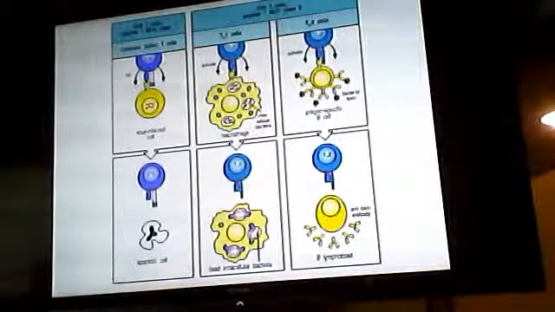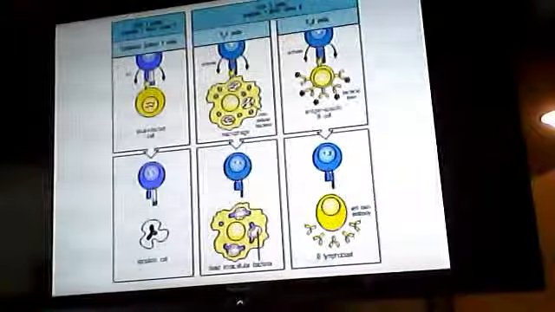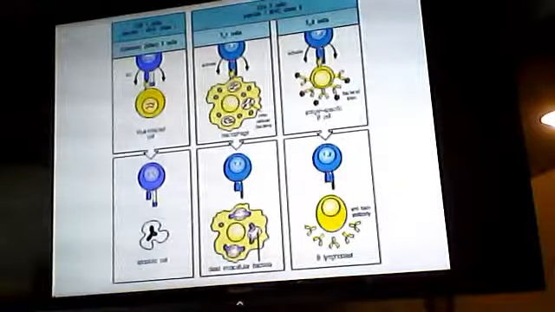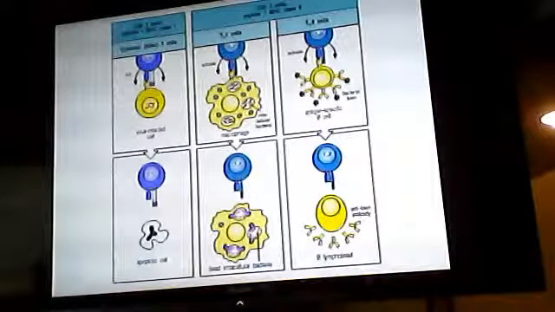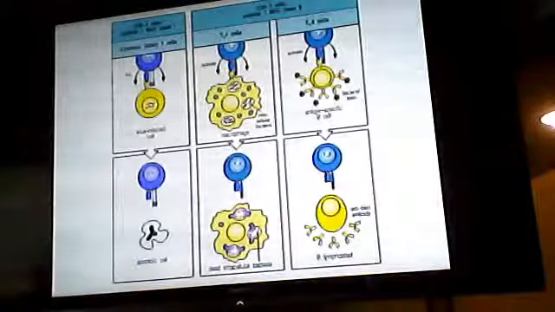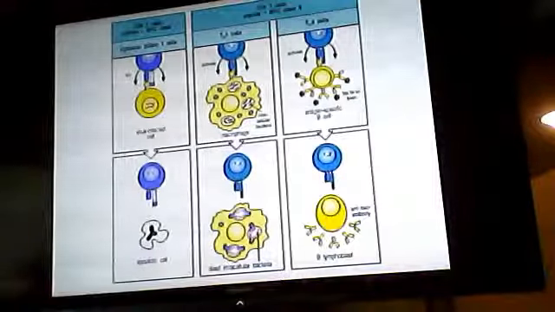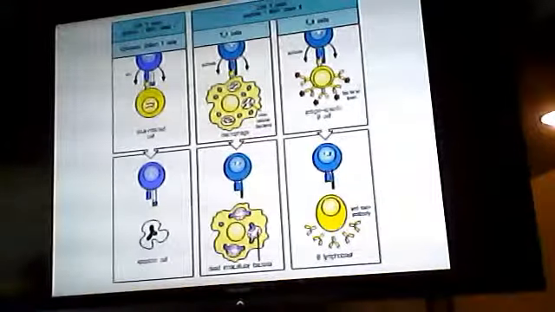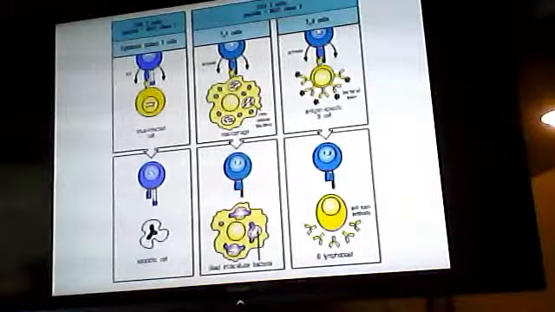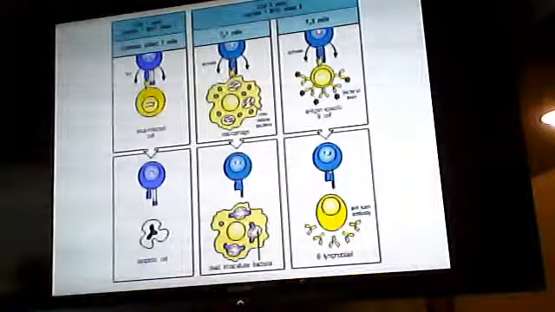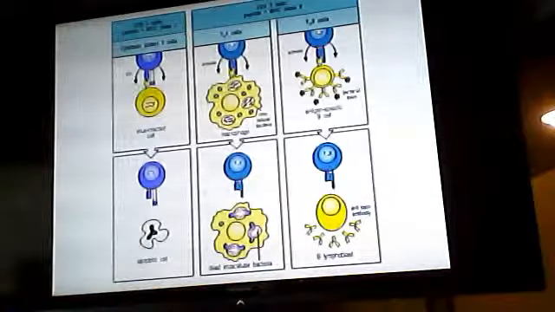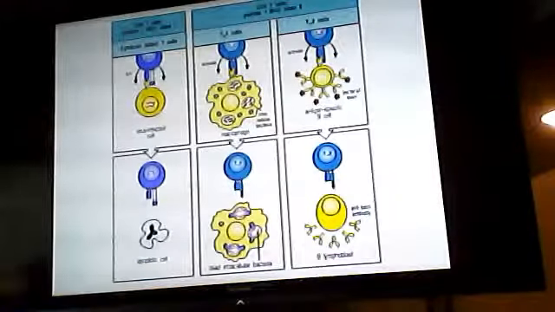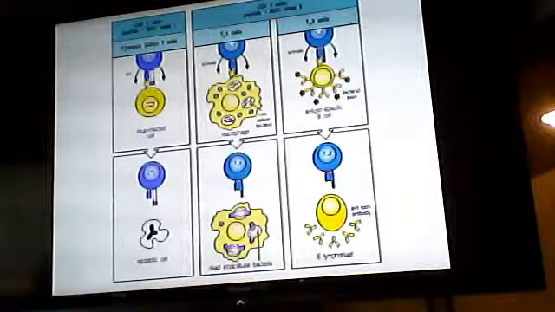CD8, MHC. Our cell is infected by a virus, but it is our self-antigen that is presented to the cytotoxic T cell, and the cytotoxic T cell realizes, hey, something is wrong with our self, so we kill it. The T helper cell, on the other hand, will be like, oh, it's a bacteria that is inside the cell, but it's the bacteria's antigen, which is foreign, that makes the T helper cell realize it shouldn't be here.